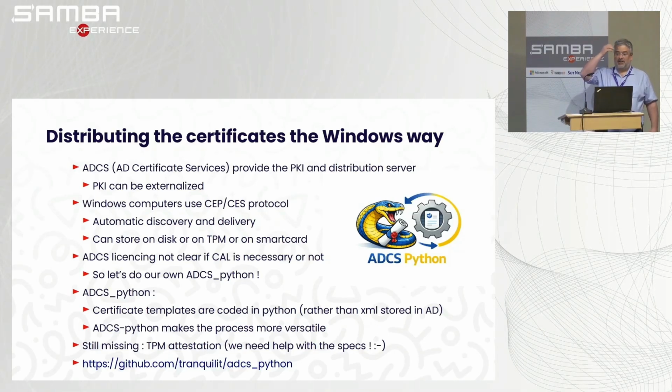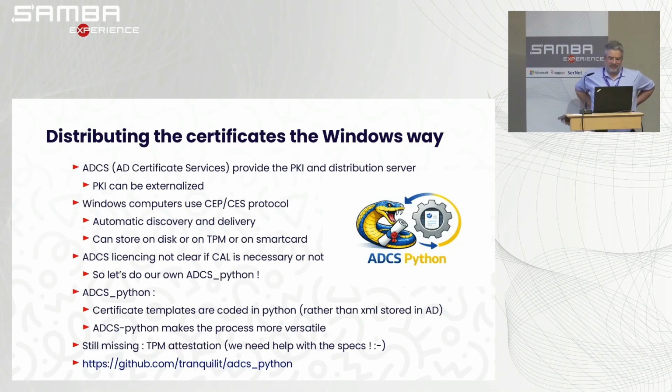Last summer, there was one guy at the office, Simon, who started working on ADCS Python. The name is not very inventive either, and the logo is even worse. But well, it's ChatGPT that made this piece of art. In ADCS Python, the certificate templates are coded in Python rather than in XML stored in the Active Directory.